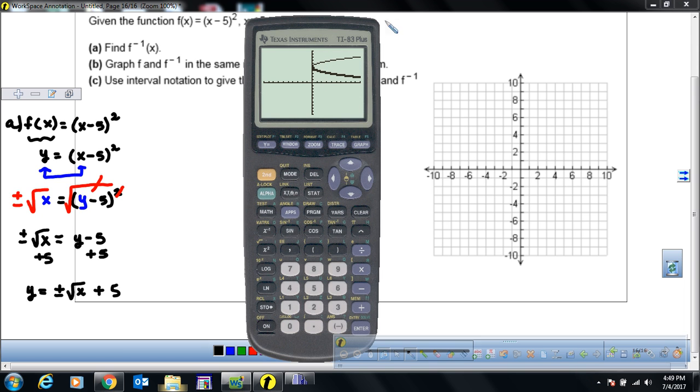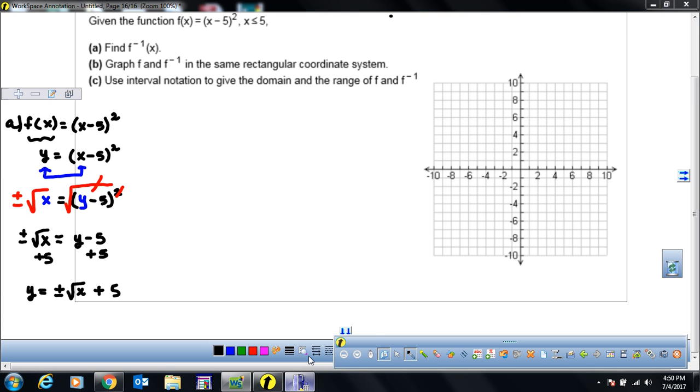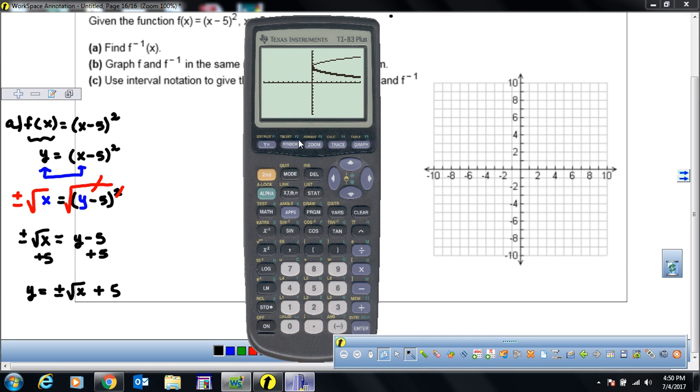So we need to be careful on this one because that's why we have the restriction in the domain. When we get the equation of the inverse of x squared, there's only one piece that will be on the graph of my function. It would be either the positive square root or the negative square root, because both of them together give me an equation that is not a function, I'm sorry.